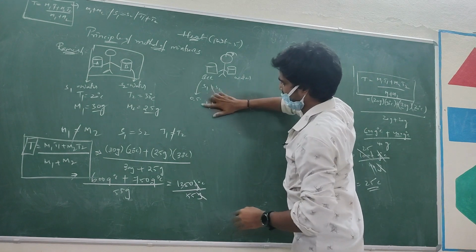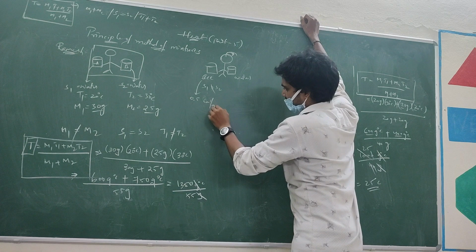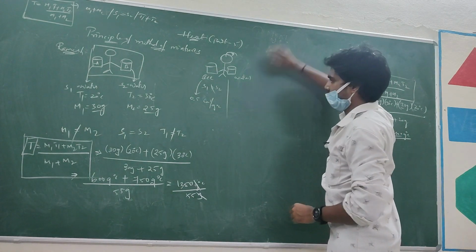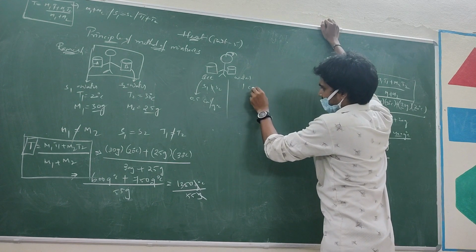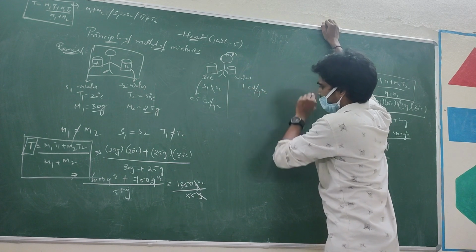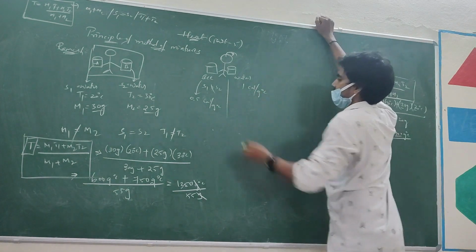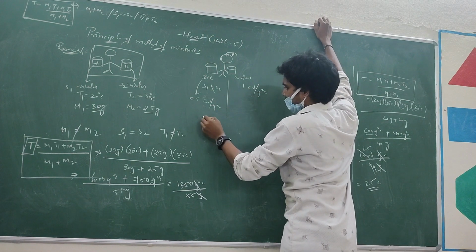So in simple terms, we'll take CGS units. It is calorie per gram degree centigrade, 0.5 for ice, and for water it is 1 calorie per gram degree centigrade. Here, as you know the condition, masses would be equal.